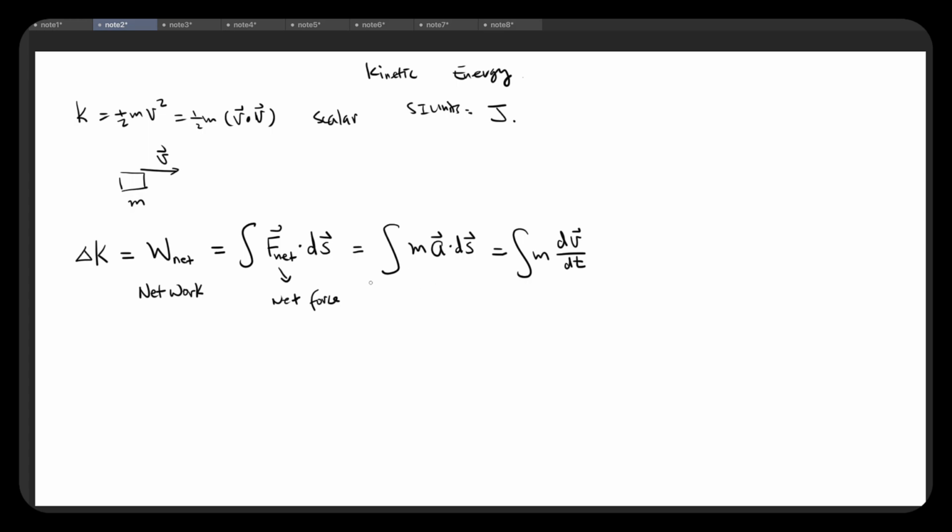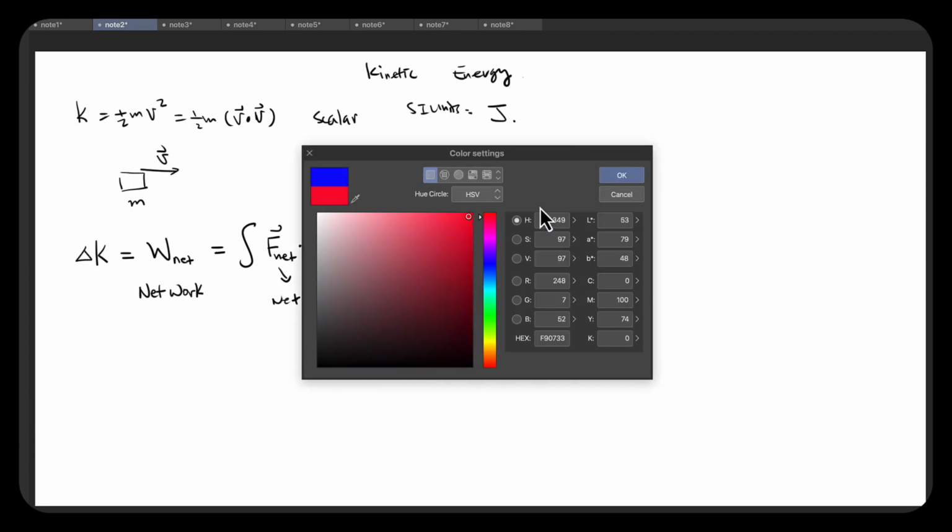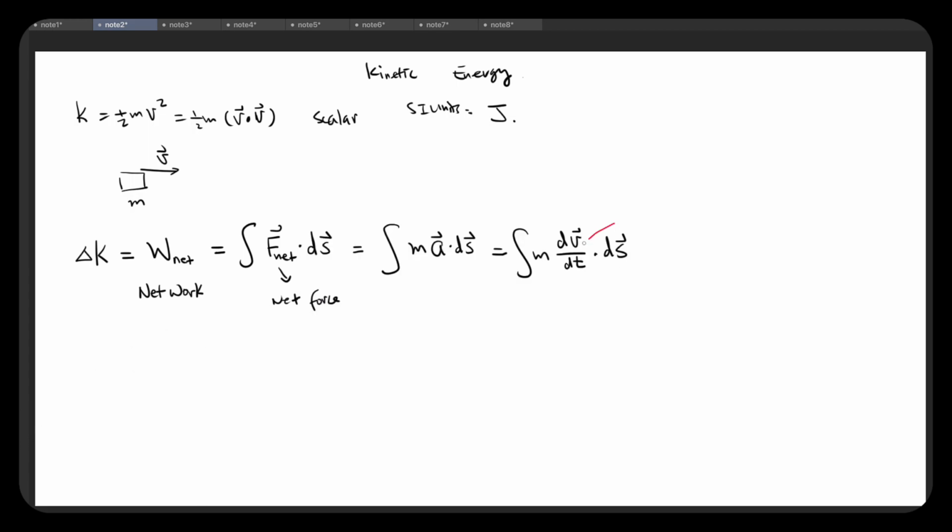That's how we define acceleration. a dot ds. And if you look at ds dt, that's our definition of velocity v, right?